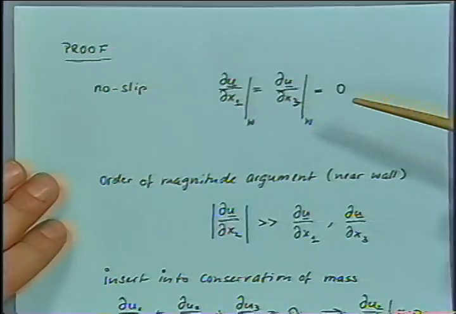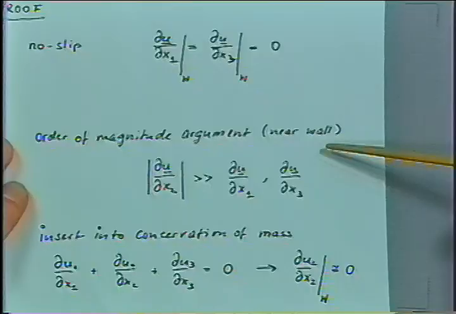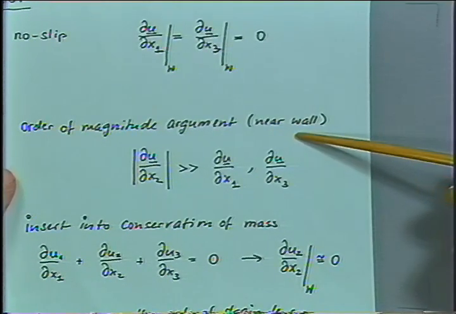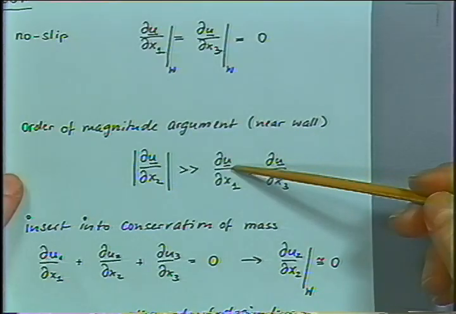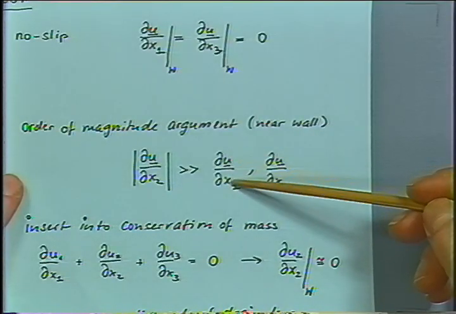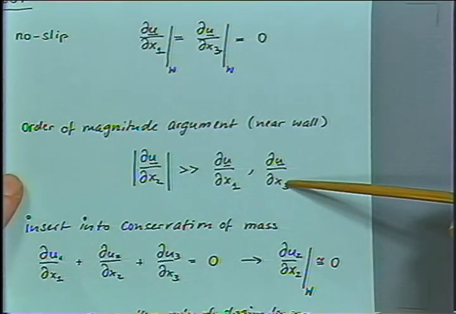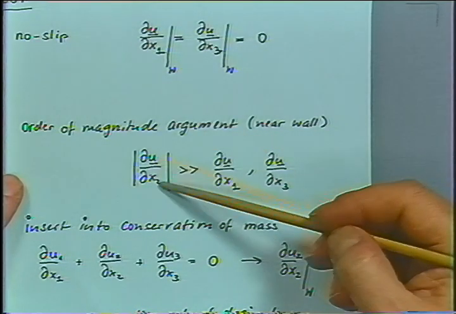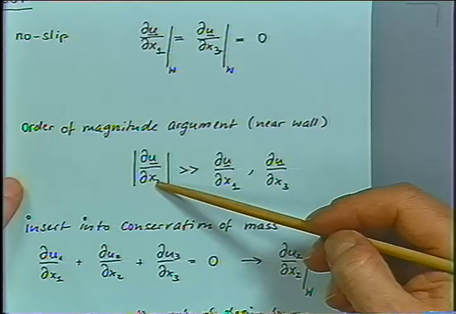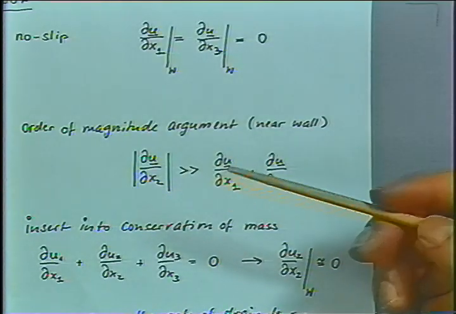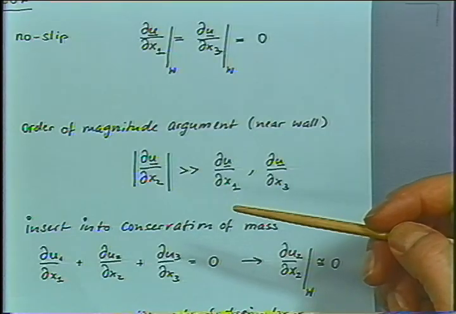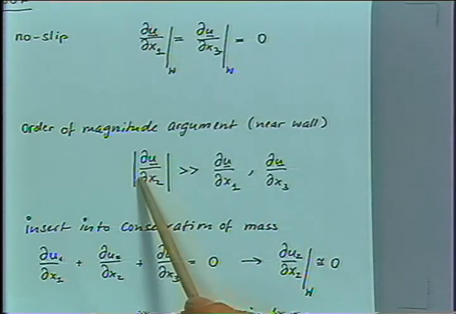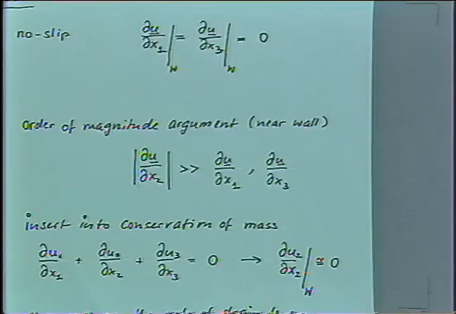Keeping this in mind, we could now look at a material element very close to the wall, and in that material element, we also would say that the gradient tangent to the wall, in x1 direction or x3 direction, is very, very small compared to any gradient normal to the wall in x2 direction. So somehow when we move away from the wall, there is a sudden increase in velocity. It goes from 0 to some finite value. So this gradient is much larger than this.